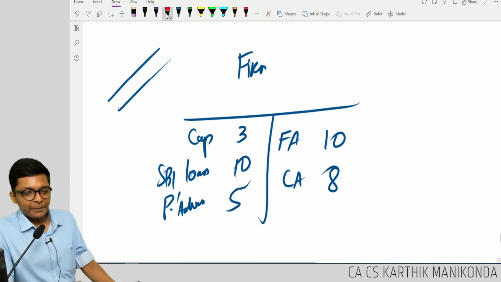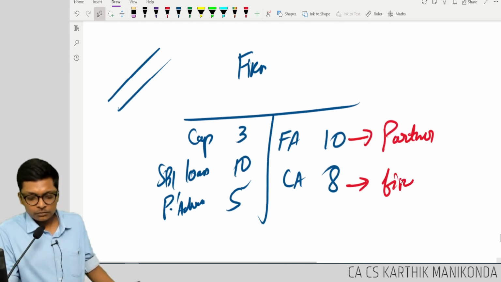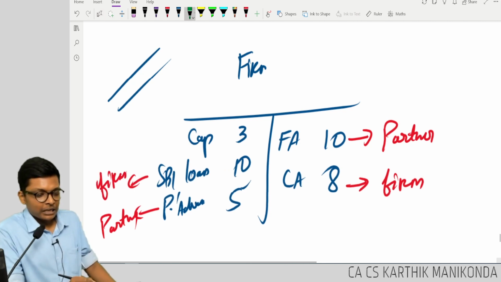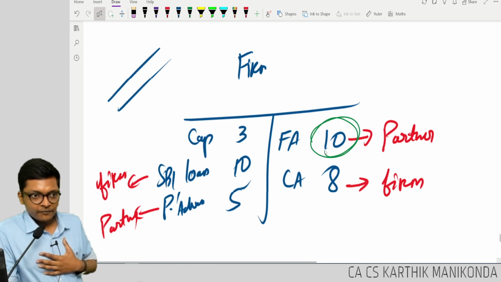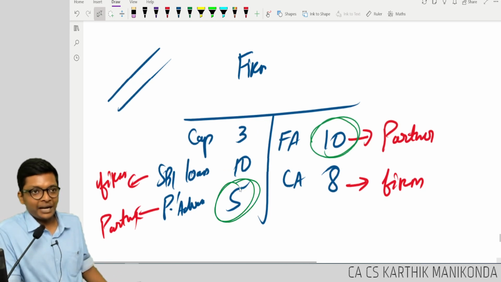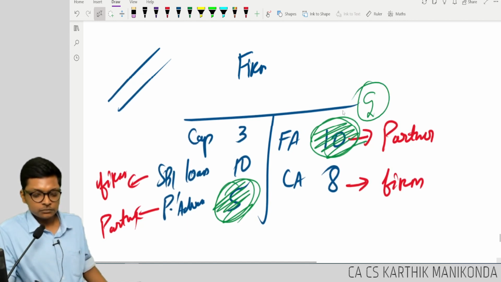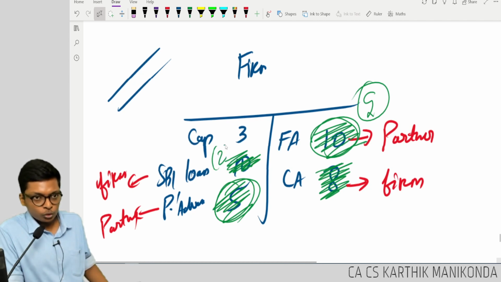Imagine this fixed asset is given by the partner, this one is given by the firm. This liability is the partner's, this liability is the firm's. First, this partner's asset will be used for the partner's loan. So I will set this off against this, and I will have a balance. The firm's asset will be used to set off the firm's loan. I will have a negative 2.